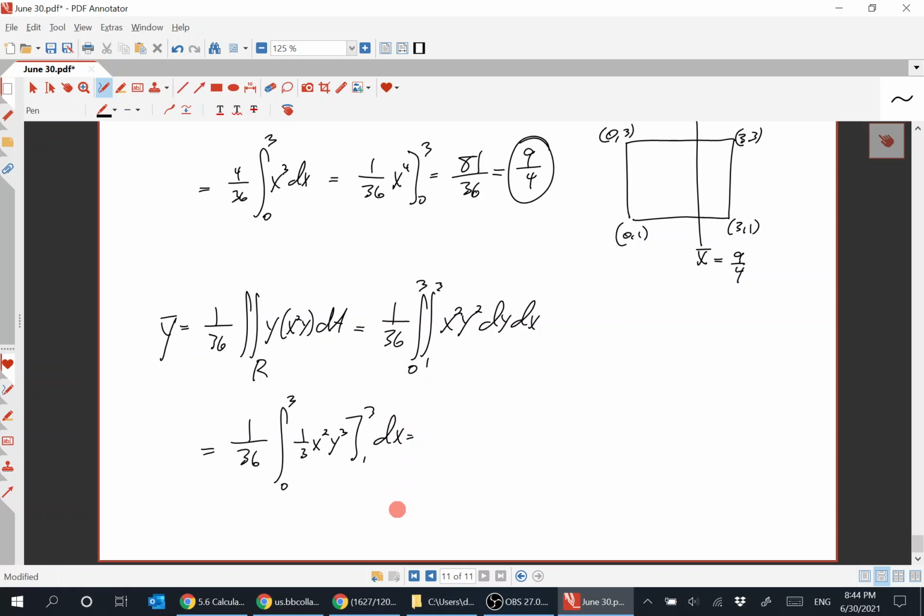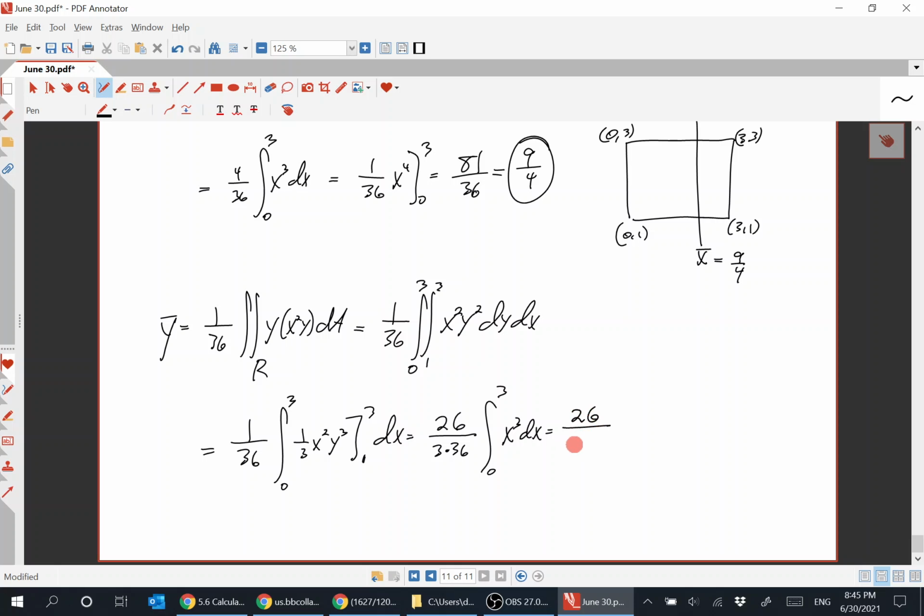So what is this? 27 minus 1 is 26. So we have 26 over 3 times 36. Right, 26 over 3 times 36. Integral from 0 to 3, x to the third dx. So 1/4.